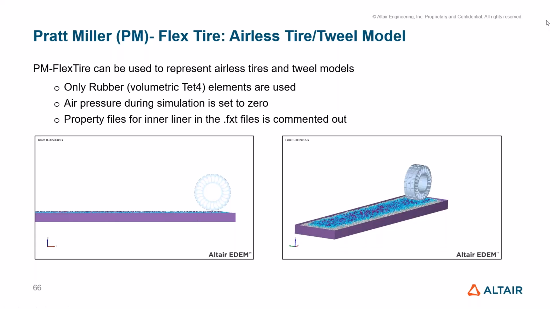We have a question here: how is the rigidity of the tire defined in FlexTire? Can you change that value? Can you change the property of the tire during the simulation?